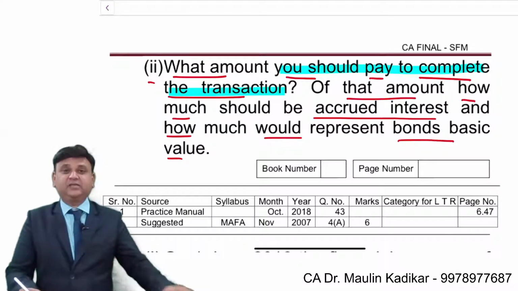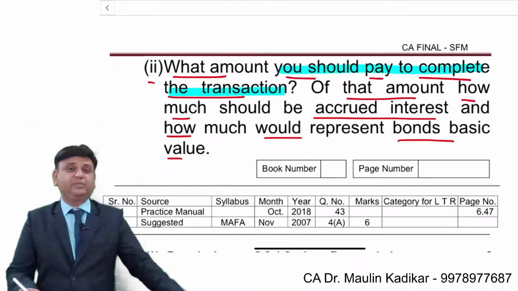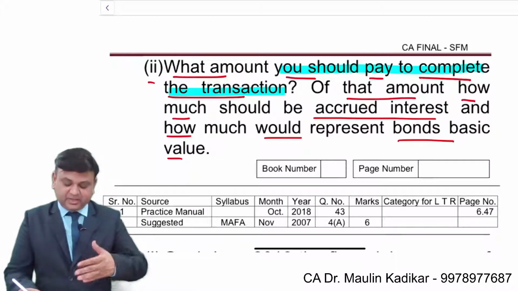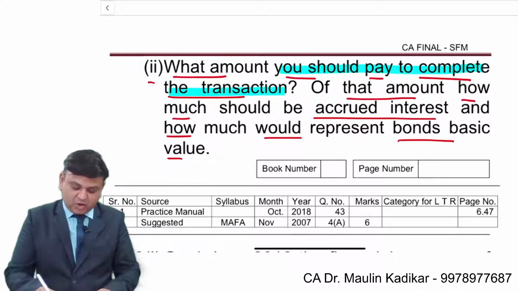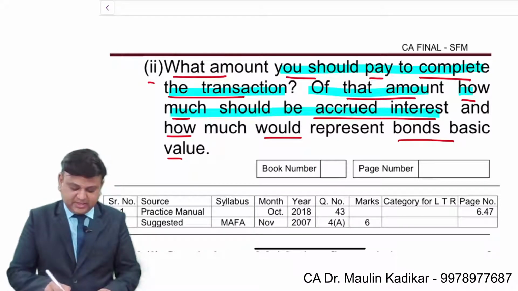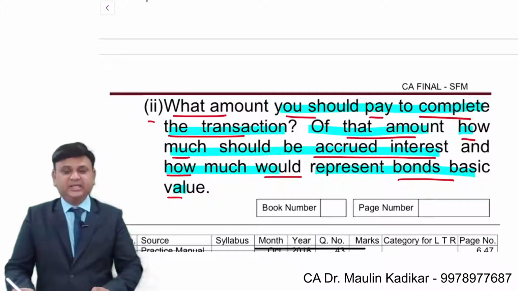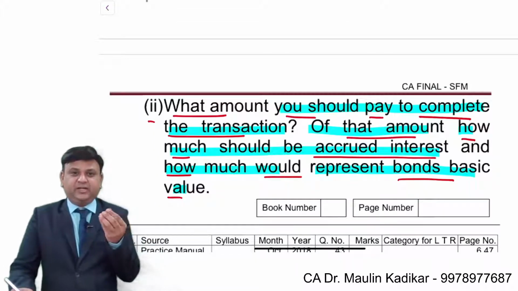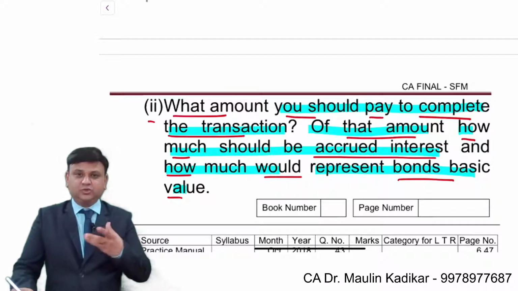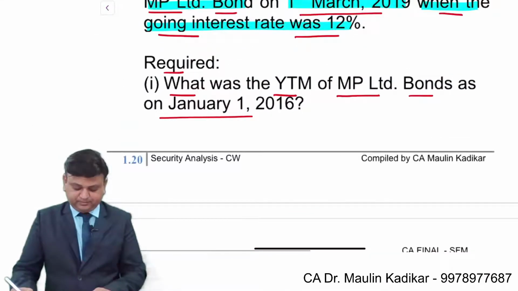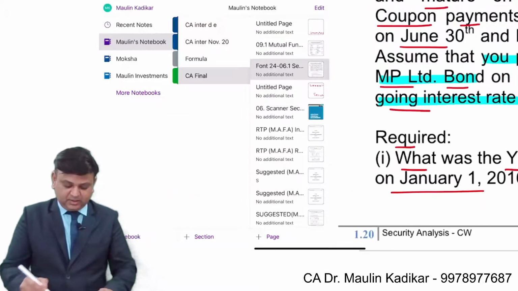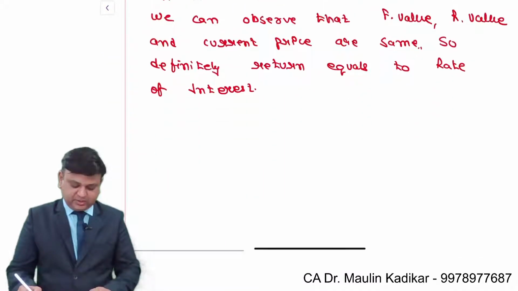It means that what would be the price that you would be ready to pay to buy the security. The question says further, of that amount, how much should be accrued interest and how much would represent bond's basic value. Then that answer is required to be divided into two parts. Which are those two parts? I just explained that to you. Everybody is requested to pay attention over here.